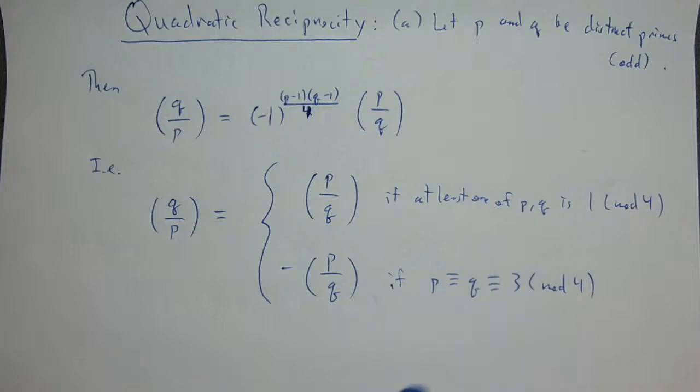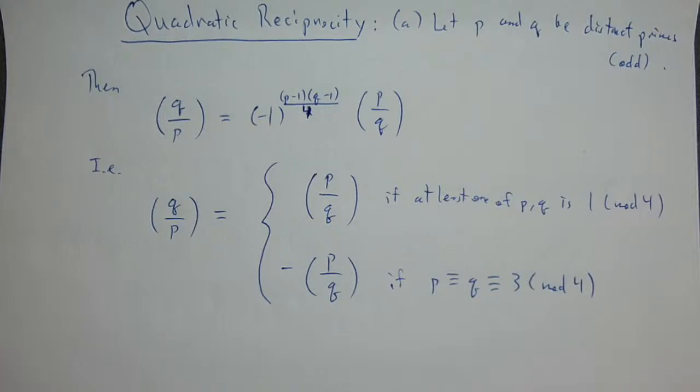And so in either case, in the first case, if one of P and Q is congruent to 1 mod 4, then what this is saying is that when Q is a square mod P and when P is a square mod Q exactly match up. So when they are and when they aren't exactly match up. And if P and Q are both congruent to 3 mod 4, then these swap. So if Q is not a square mod P, then P is a square mod Q, and vice versa. Okay. So this is the main statement of quadratic reciprocity.